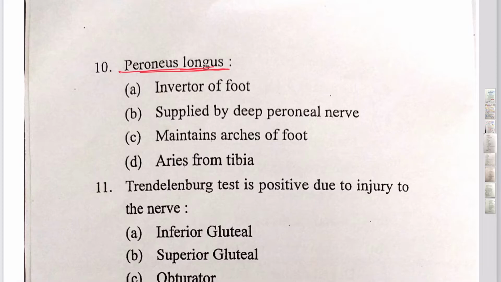Together, the two muscles, tibialis anterior and peroneus longus, form a sling which helps in maintenance of all the arches of the foot, especially the posterior transverse arch. I explained this, and if you have studied this muscle, you would have understood what I have just mentioned.